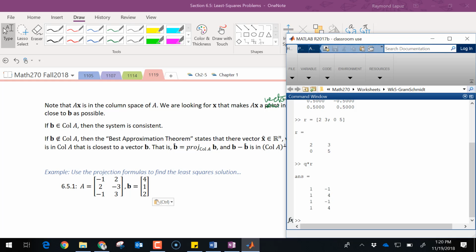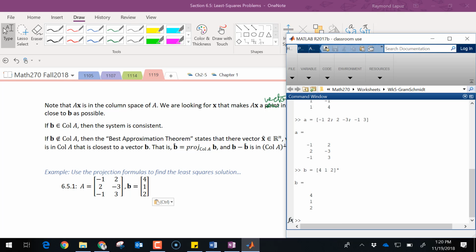So I'm going to say my A matrix is this matrix here: minus 1, 2, 2, minus 3, minus 1, 3. And then my b vector is going to be 4, 1, 2. Oh, it's a vector, so let's take the transpose of that.